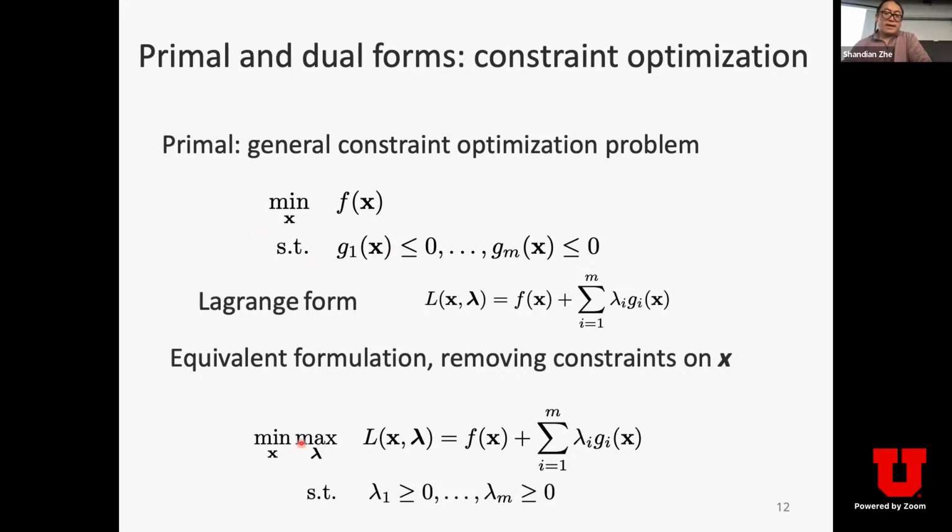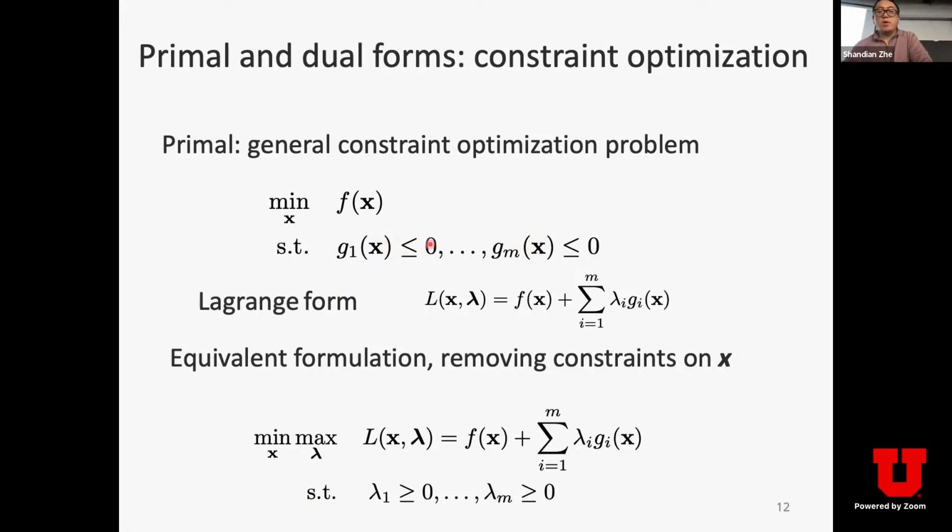The biggest benefit is that your constraint is only non-negative constraints, right? It's much, much simpler than the constraints specified in the original problem. In the original problem, the constraints are g1(x) less than or equal to 0 until gm(x) less than or equal to 0, right?